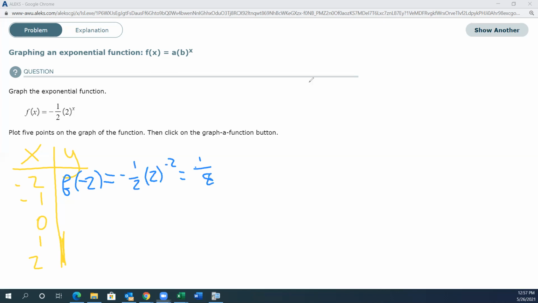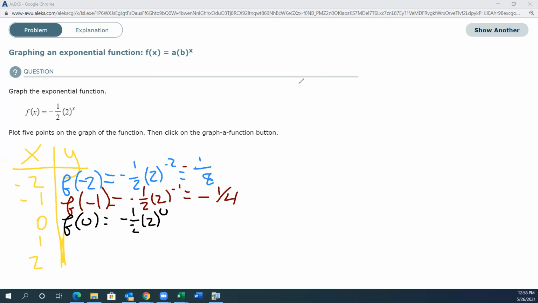Let's do another one. How about f of -1? So -1/2 times 2 to the -1 power. It's going to be -1/4, and that 1/8 was actually negative. Sorry about that. It was a -1/8. Okay, then we can go to f of 0, which is -1/2.